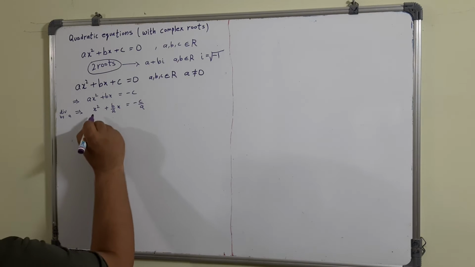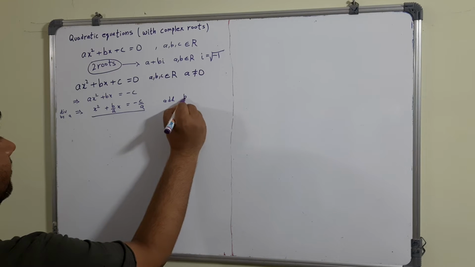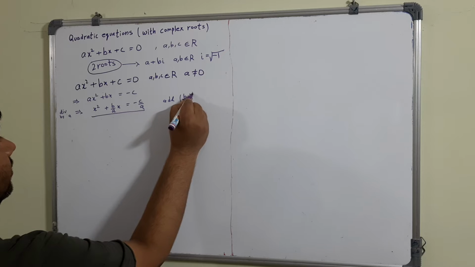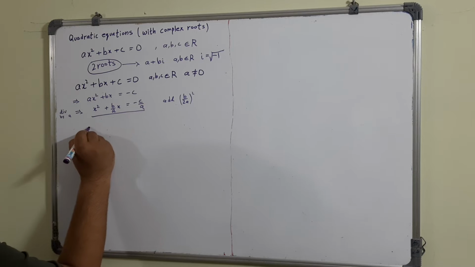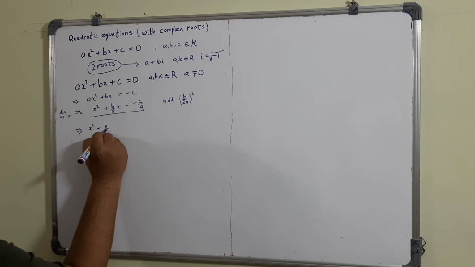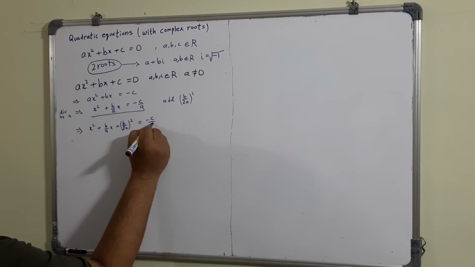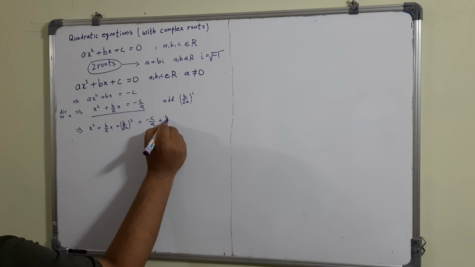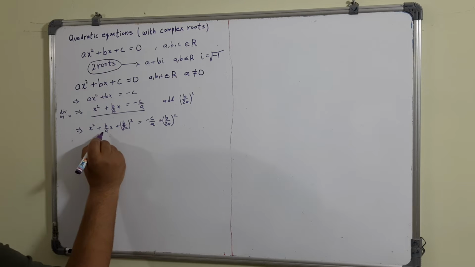And now to this equation we will add b by 2a whole squared to both sides, the left hand side and the right hand side. So it will become x squared plus b by a x plus b by 2a whole squared equals minus c by a plus b by 2a whole squared. Look at this: it looks like a squared plus b squared plus 2ab.